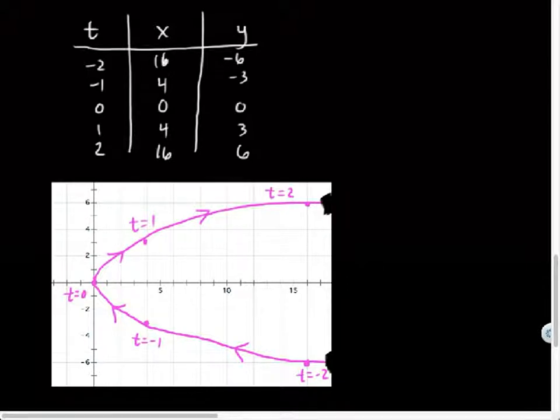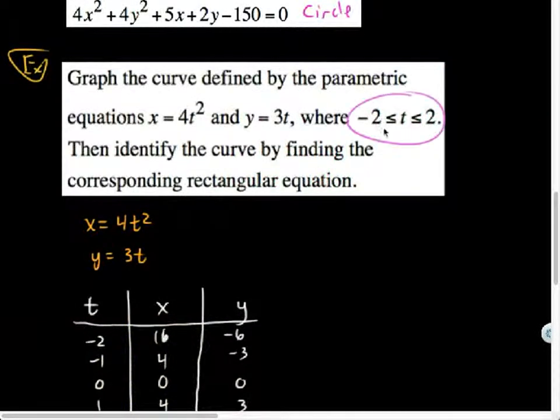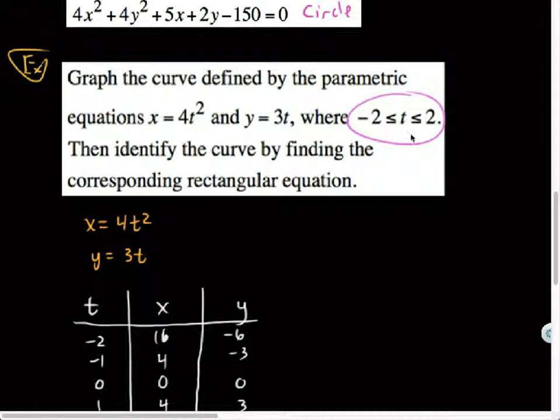How do I know that? Actually, even worse, the graph would have stopped right there and right here. How do I know that? What was the original problem telling me? Yeah, so this actually stops at those locations.